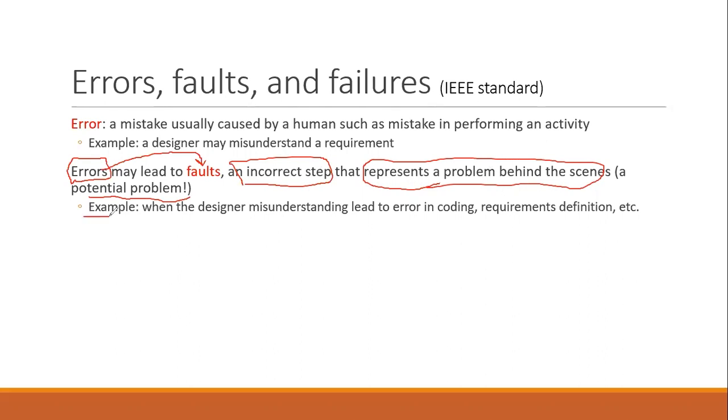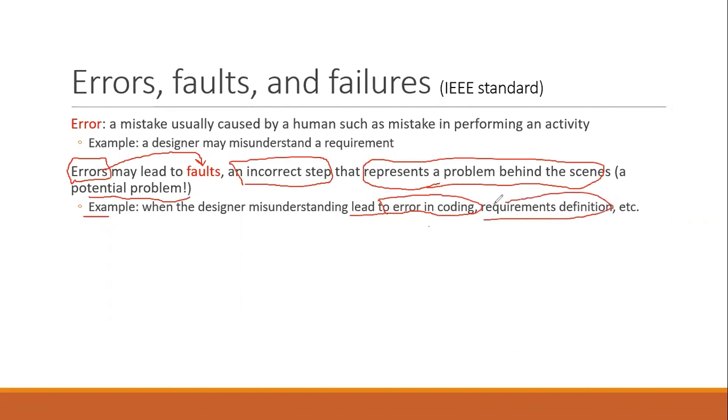For example, the designer's misunderstanding led to errors in coding, requirements and definitions. So it is not only the design and a small error, it is the number of errors. The coding has been misconfigured.